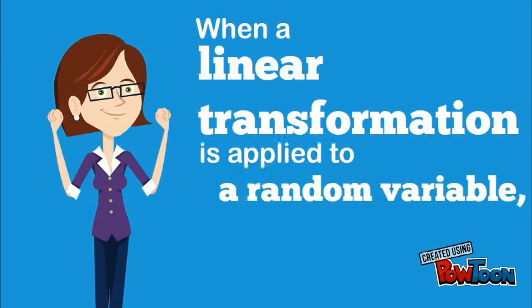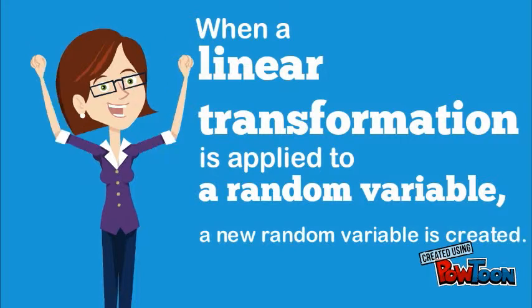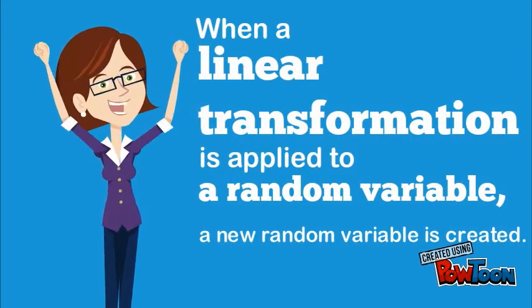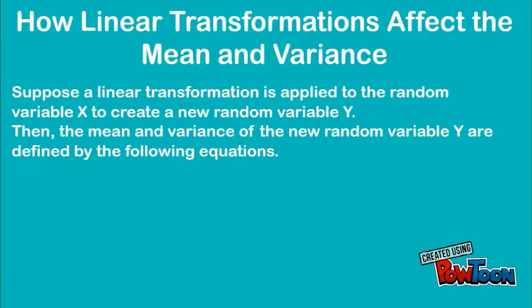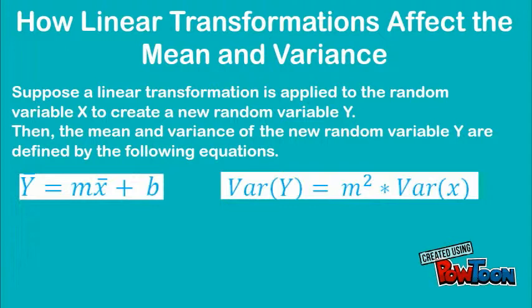When a linear transformation is applied to a random variable, then a new random variable is created. Linear transformations affect the mean and the variance. Suppose a linear transformation is applied to the random variable x to create a new random variable y. Then the mean and variance of the new random variable y are defined by the following equations.